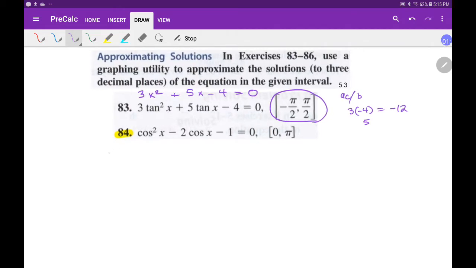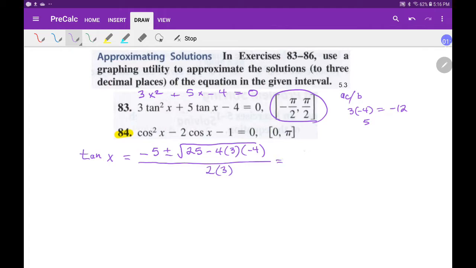So we're going to say, what we really mean is tangent of x is equal to minus b, so that's 5, plus or minus the square root of b squared, which is 25, minus 4 times a times c, all over 2 times a.